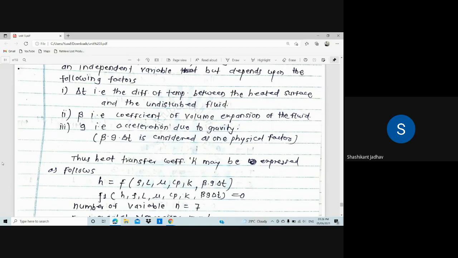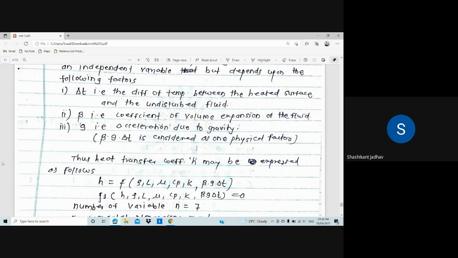Then the third factor, that is g, acceleration due to gravity. Okay, so these are the three factors we have to consider.